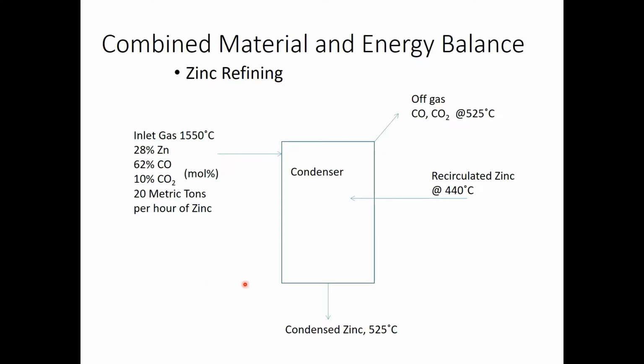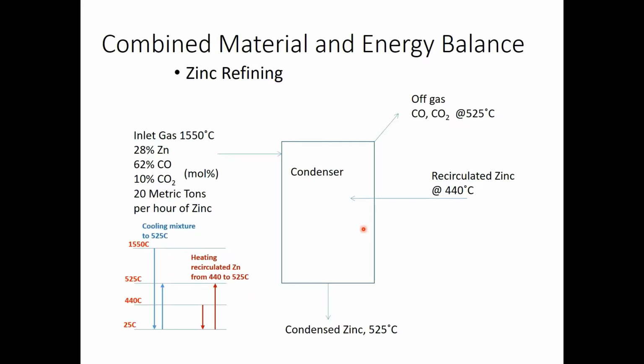The condensed zinc comes out at 525 C, as does the gas. This zinc goes off somewhere else and gets cooled further, and some of it's recirculated back at 440 degrees C, but we don't know how much is recirculated back, and that's what we need to calculate.